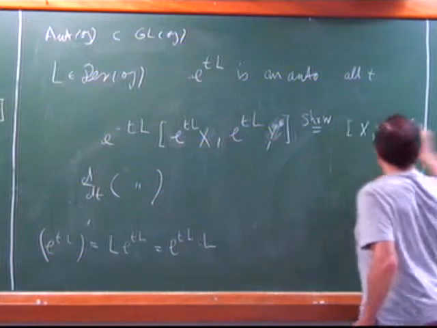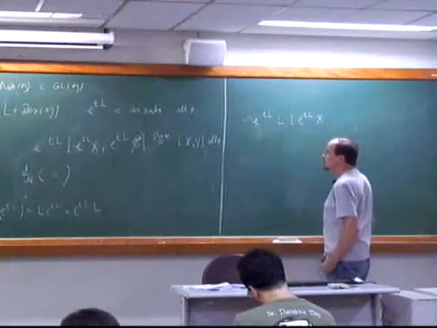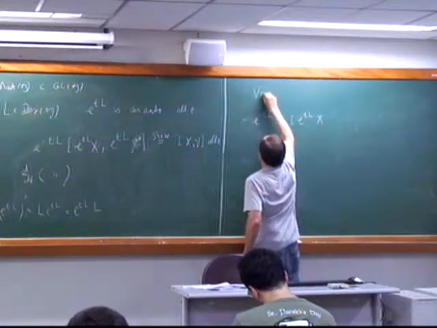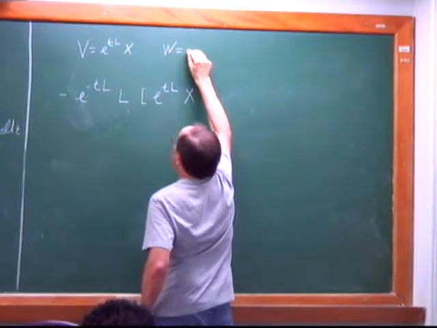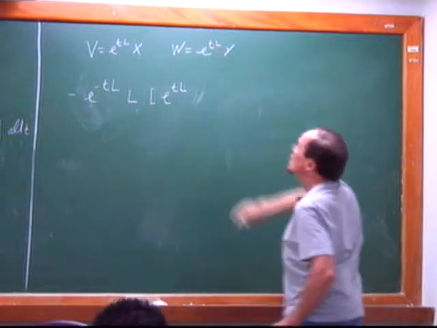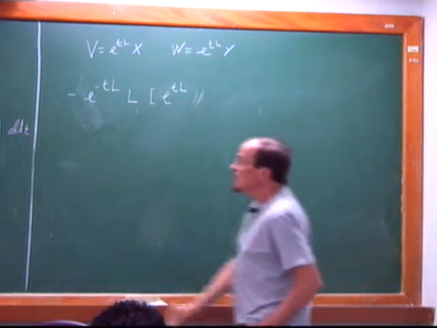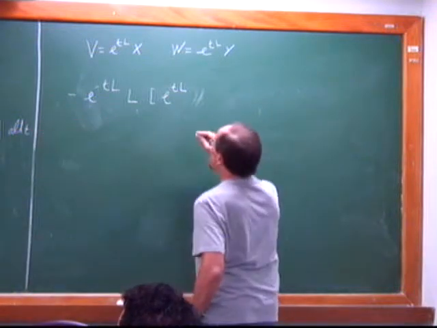So I use a product rule here, so I get minus e to the minus tL L, e to the tL x. Let's maybe give these things a name. Let's call V e to the tL x and W e to the tL y. So I differentiate. Here I just take e to the tL again.